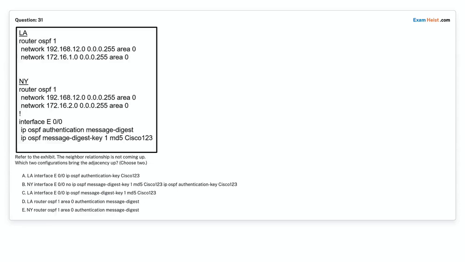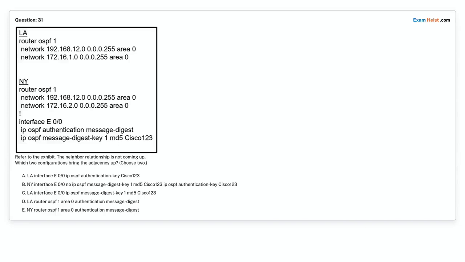Question 31. Refer to the exhibit. The neighbor relationship is not coming up. Which two configurations bring the adjacency up? Choose 2. Option A. LA interface Ethernet 0/0, ip ospf authentication-key Cisco123. Option B. NY interface Ethernet 0/0, no ip ospf message-digest-key 1 md5 Cisco123, ip ospf authentication-key Cisco123.